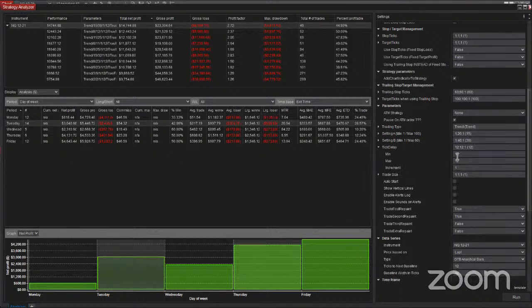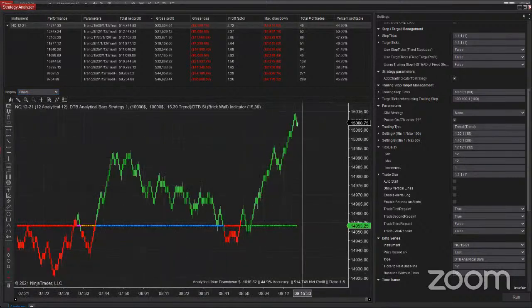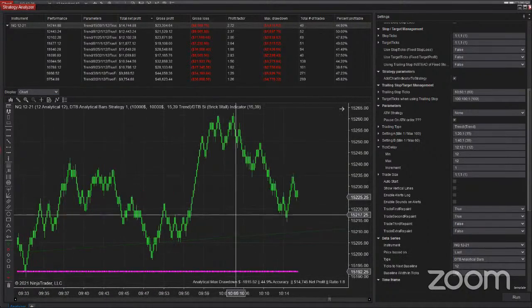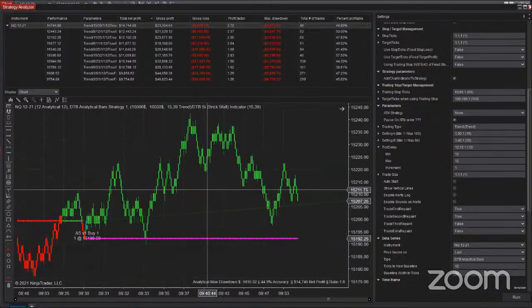A tick delay basically means a bar delay. I'm actually going to be renaming this to bar delay because it will be much easier to understand. What that does is it will enter a signal after a confirmed bar has broken above.